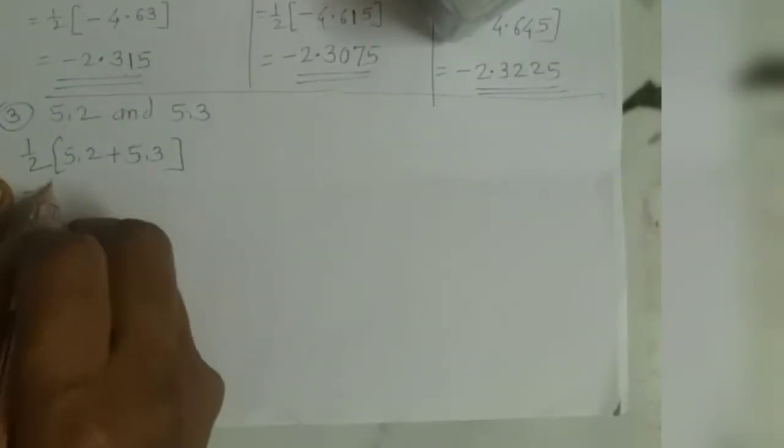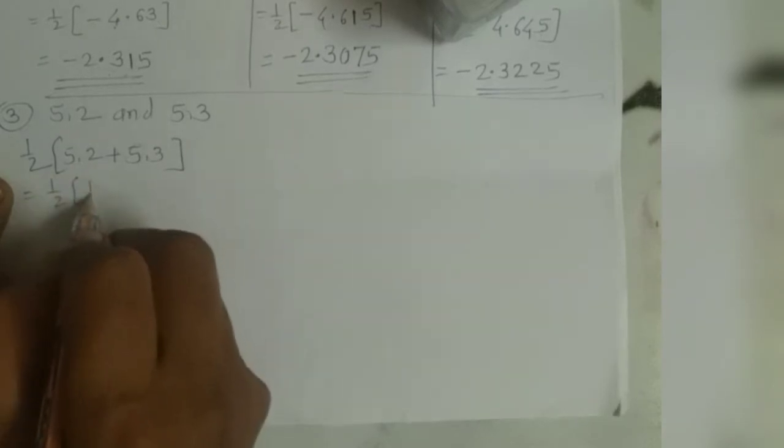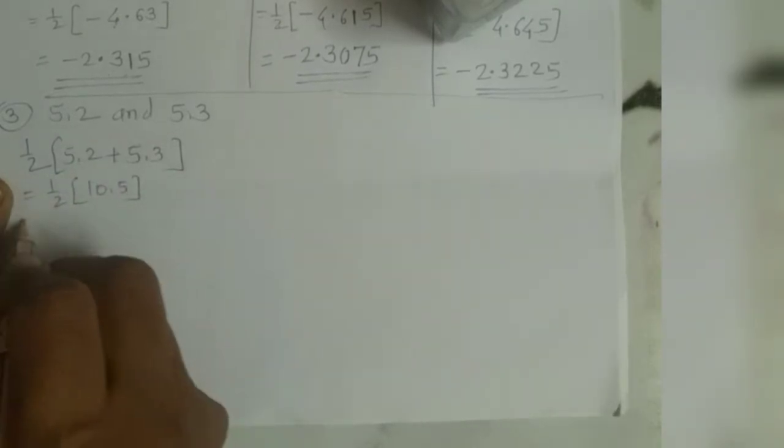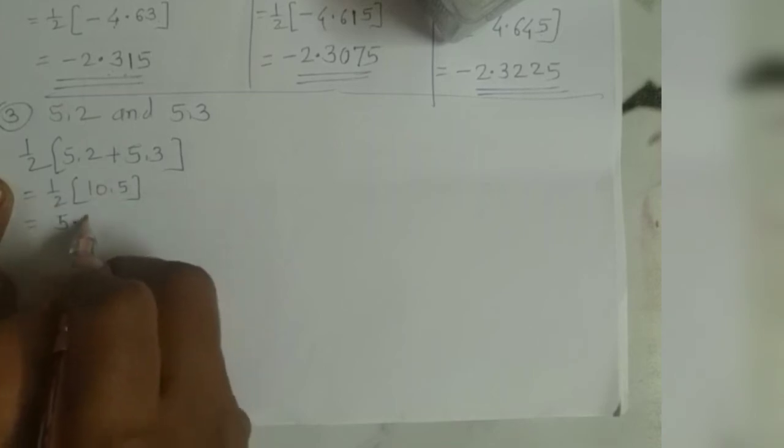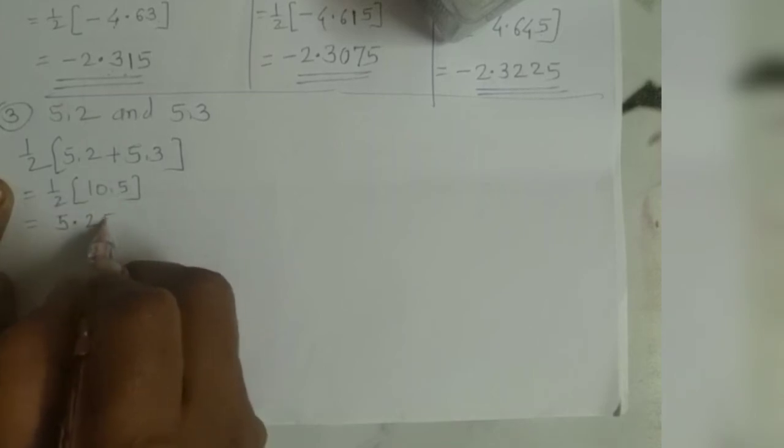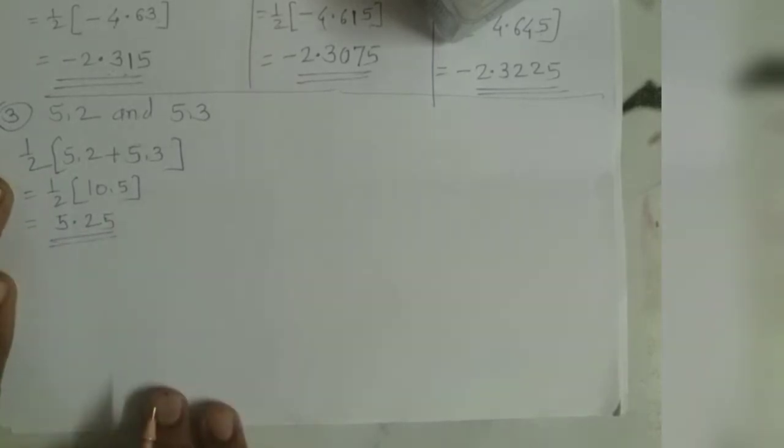Taking the sum of both, 1/2, the sum will be 10.5. Dividing by 2, we get here 2 fives are 10, 2 twos are 4, 1 remaining, means 2 fives are 10 again. This is one of the numbers.